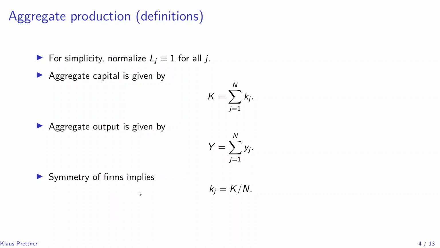And since these firms are similar, so they are not heterogeneous, there is symmetry, and the symmetry implies that the capital employed by each firm is the same. So capital k_j that one firm employs is just aggregate capital divided by the number of firms.